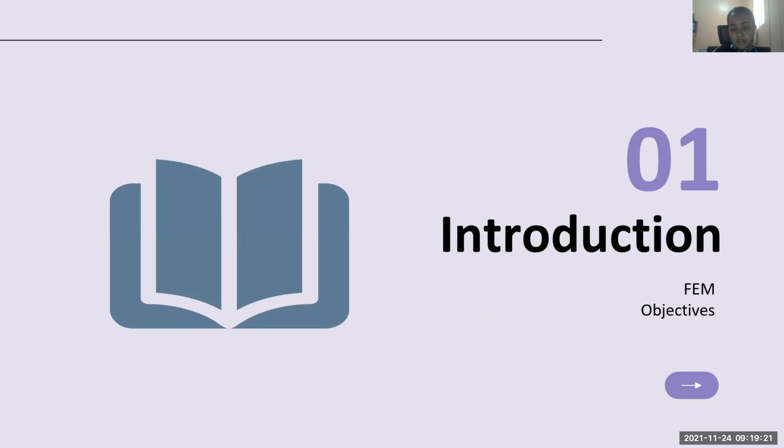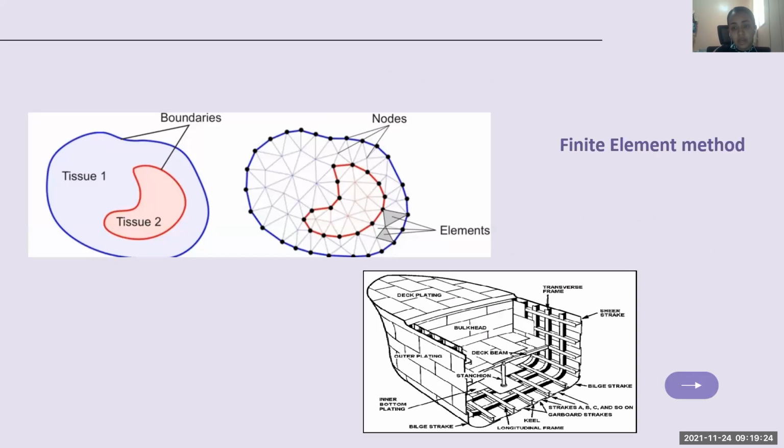So in the first part, the introduction, what is the finite element method? Well, this is a numerical method used for solving engineering and mathematical physics problems. For example, in the case of extremely difficult geometry or material properties or some strange load, where the analytical solution is not possible to be found, we can apply this finite element method, which consists in discretizing the structure.